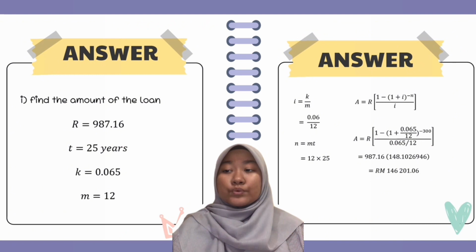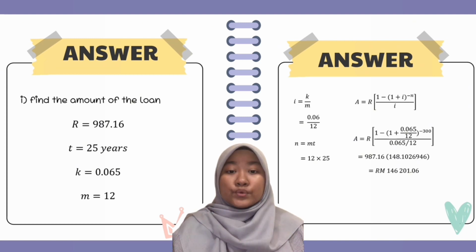To solve this question, we have to use formula A equal to R in bracket 1 minus (1 plus i) to the power of negative n divide i in bracket. To get the A equal to R in bracket 1 minus (1 plus 0.065 divide by 12) to the power of negative 300 divide 0.065 divide by 12 in bracket.